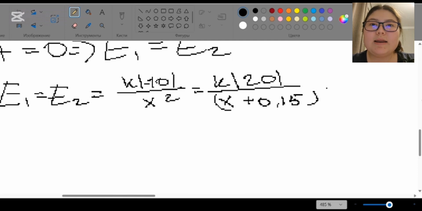Now let's cross out the Coulomb's constant because it's the same value.